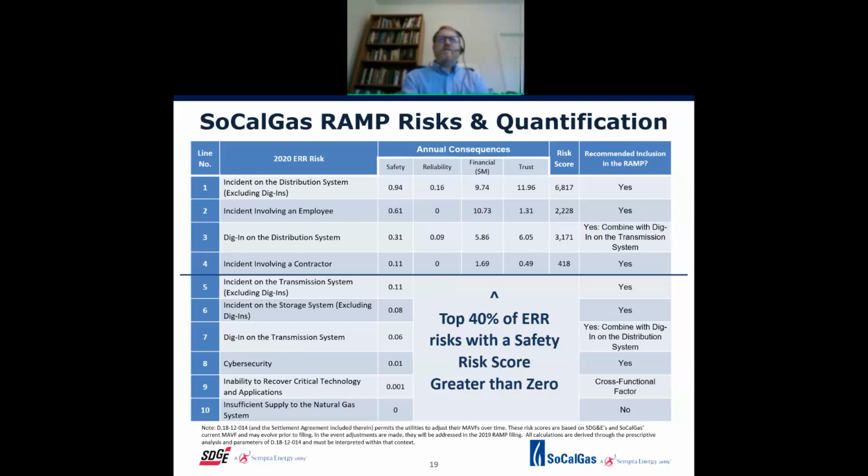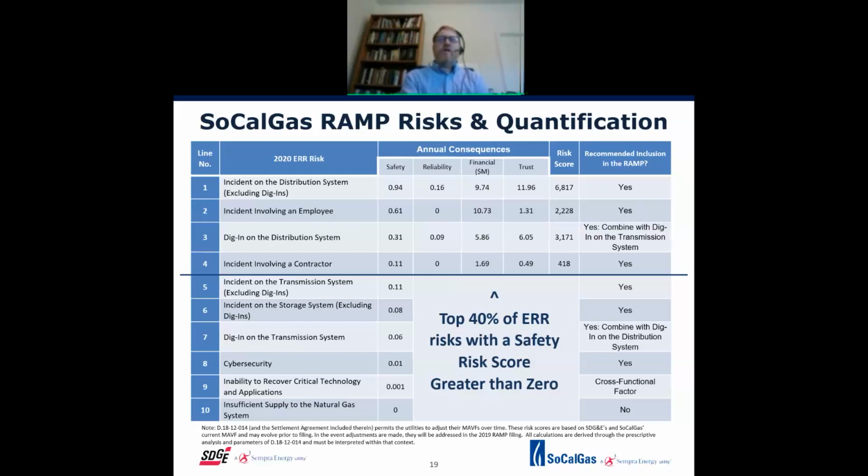Of note, I will say that lines 3 and 7 are in the enterprise risk register as two separate risks. One is called dig-in on the distribution system. The other one is dig-in on the transmission system. For the purposes of the RAMP, we think it's better if we combine them into one RAMP chapter.